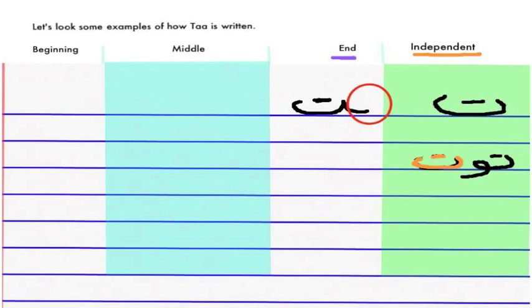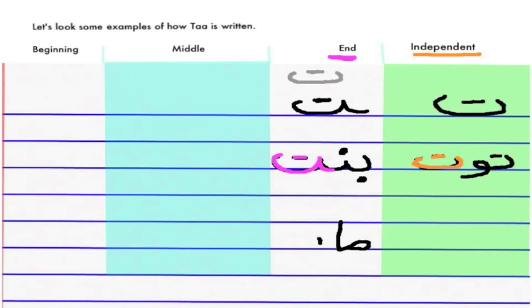Notice that this area here is the tail that we use to connect it to the letter before. A good example is the word bint, which means girl. Notice that when taa is at the end of the word, it can also be written independently, as in mat, which means dead.